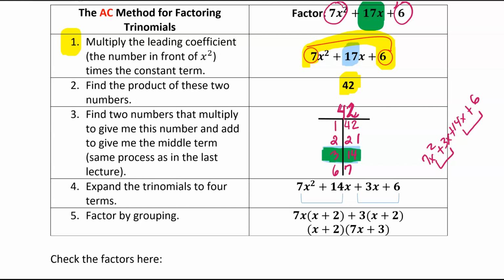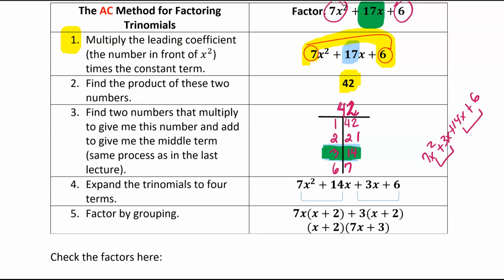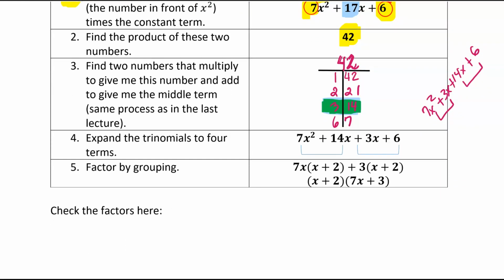Then once you expand it to 4 terms, of course, when you see 4 terms, what should trigger is factor by grouping. So that's why in the first group we have 7x in common. 7x is in common with the first group. So this is group 1. And we take the 7x out and we have x plus 2.